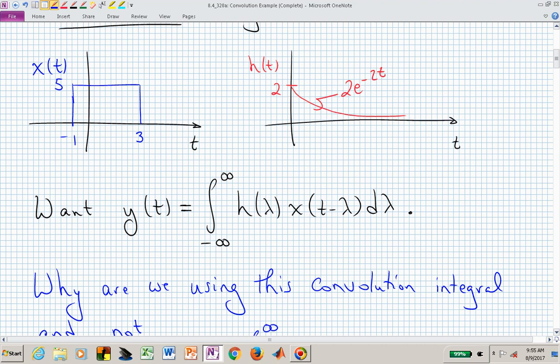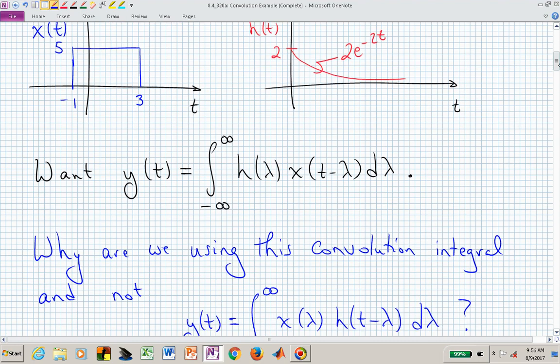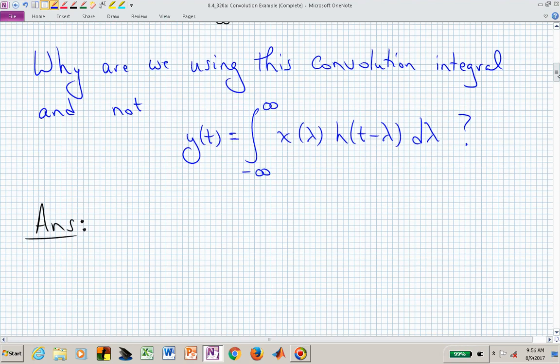I need to essentially flip and slide one of these waveforms around. To me, it looks like x is going to be easier to flip, and when I say flip, I'm flipping with respect to this vertical axis at time t equals 0. So I'm flipping x or h relative to that particular pivot location.